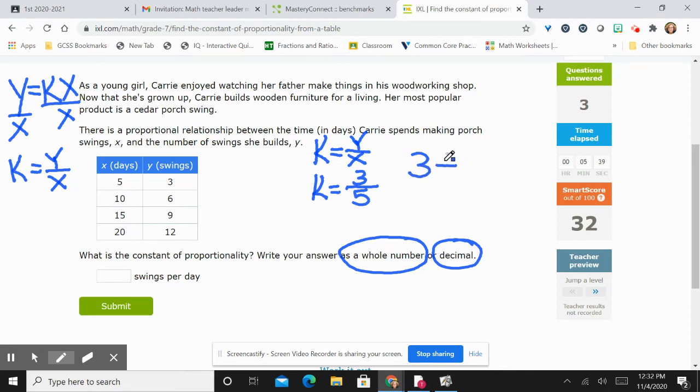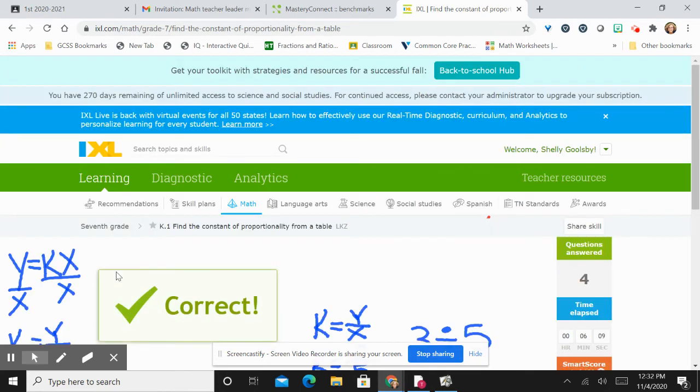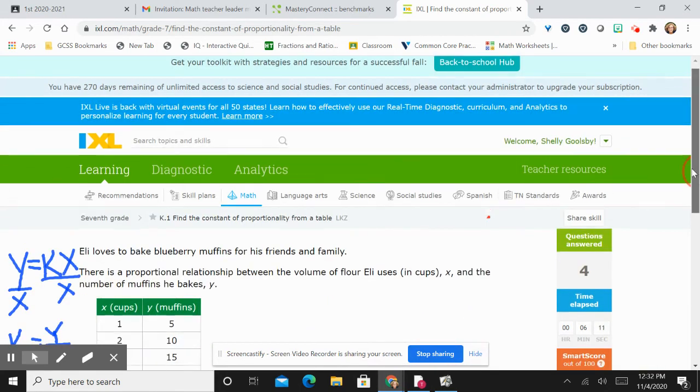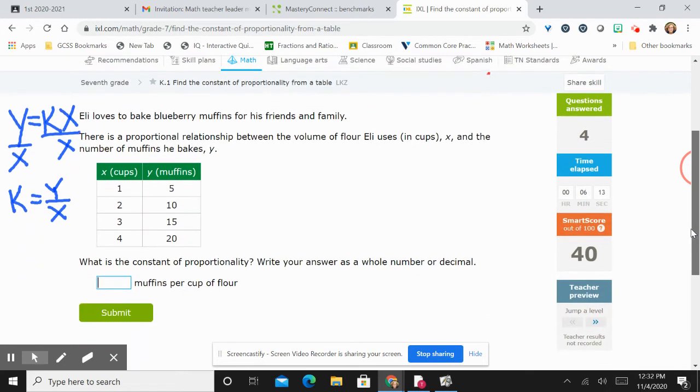The numerator divided by the denominator. 3 divided by 5 gets you 0.6 or 6/10. But remember, it says clearly right there. Now, in this case, you do not have to put the 0, or you do. You can put it. It's going to count it right either way. Okay? All right, here we go.